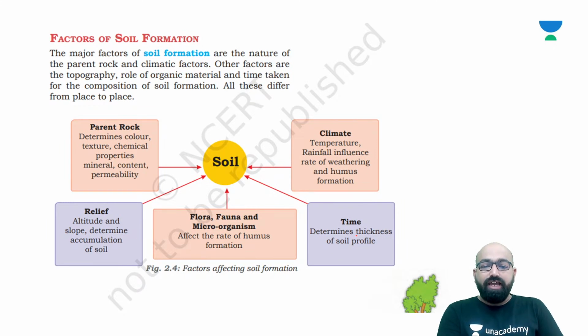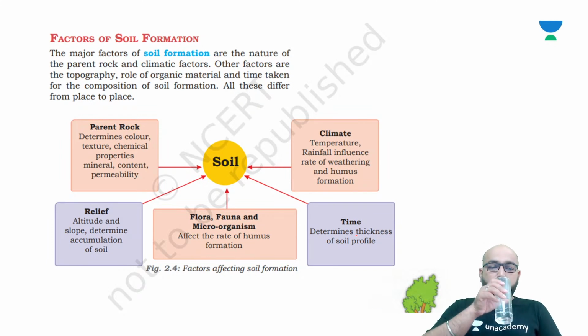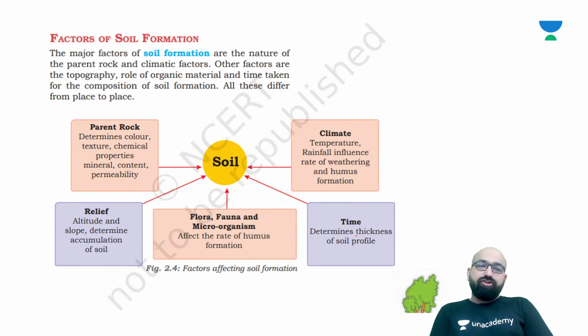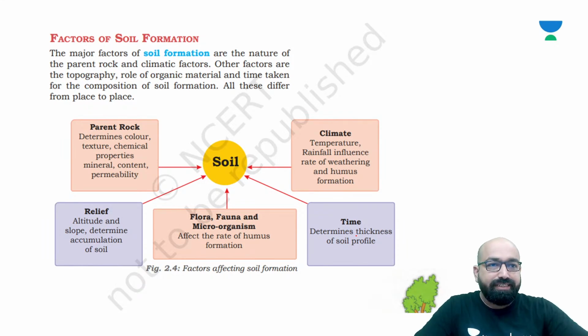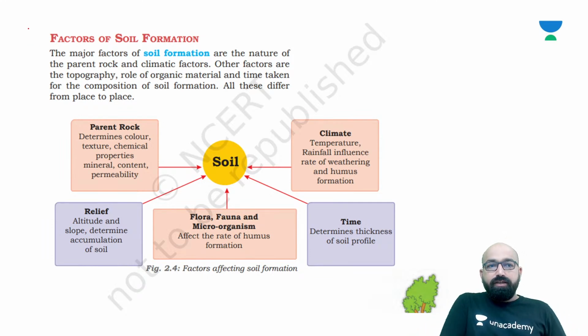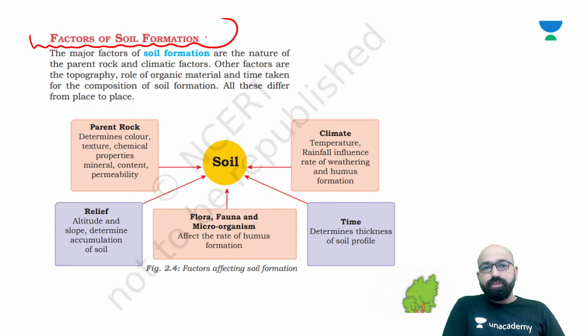As we have discussed, the soil profile consists of parent rock, then weathered rock material, subsoil with sand, silt, and clay, and after that the topsoil with humus and vegetation. Now, after that, we will discuss the factors of soil formation.